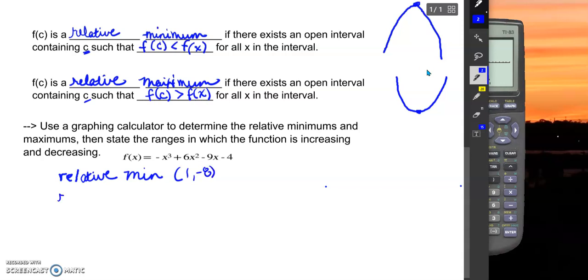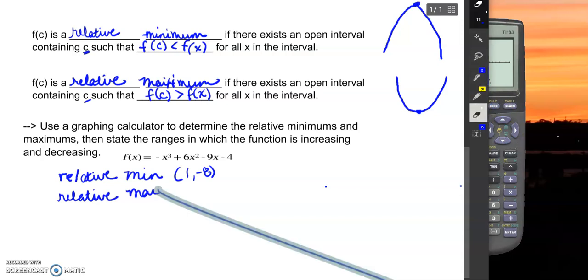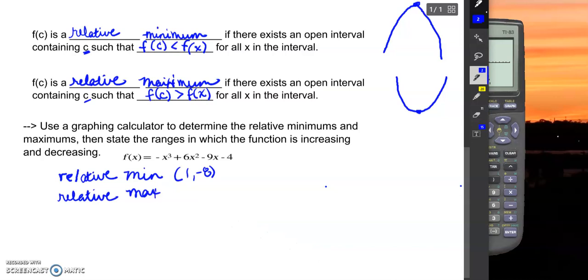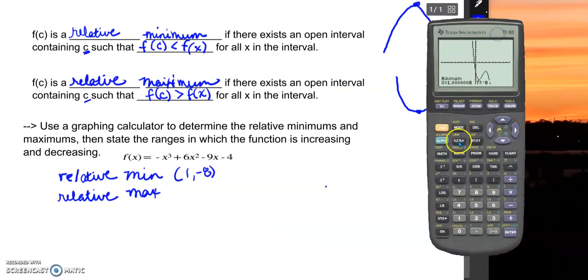Okay, now we're going to find the relative max. I'm going to go ahead and write that here. And so you're going to do those same steps, except this time, instead of selecting 3 under calc, which was the min, I'm doing second, trace, which is the calc button, and then go down to max and hit enter.